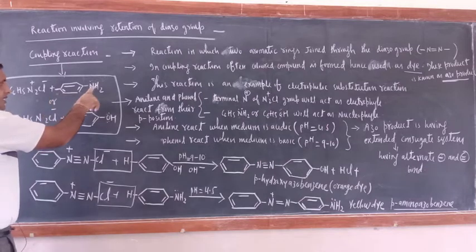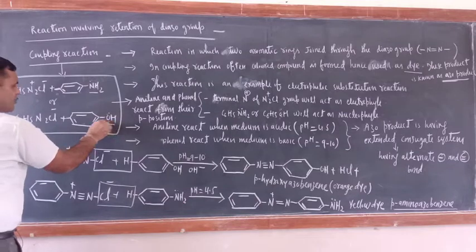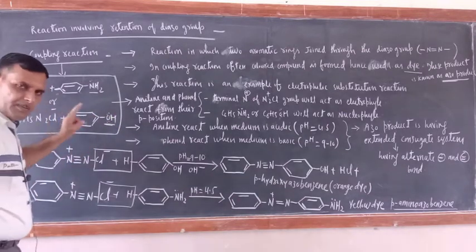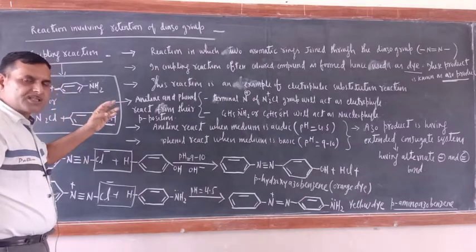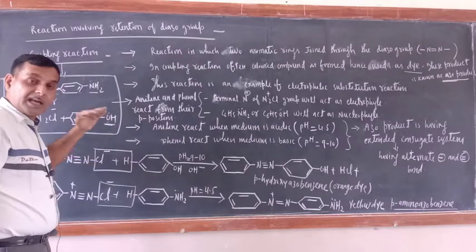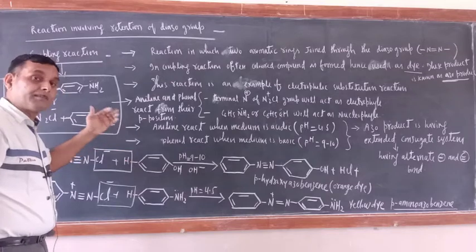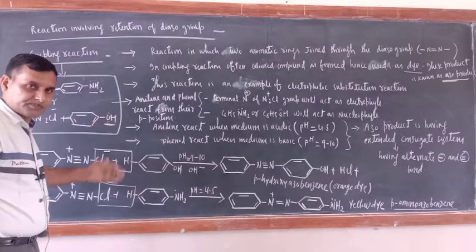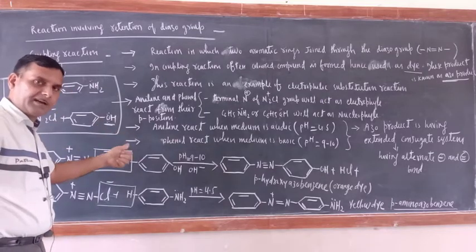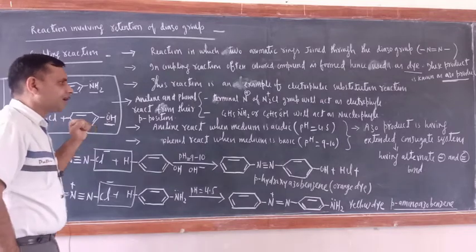Okay, this is the NH2 group. With respect to this group, this is the para position. This is the OH group. With respect to this one, this is the para position. So always remember, this is the most important thing. Means benzene diazonium chloride reacts with aniline and phenol from their para positions. Okay, so remember this one.